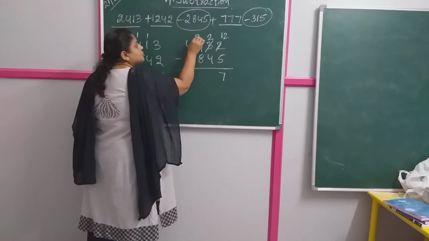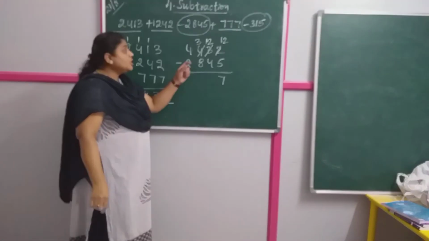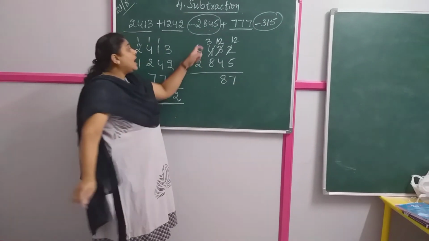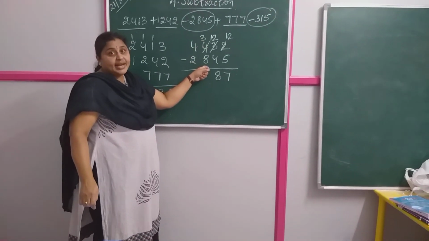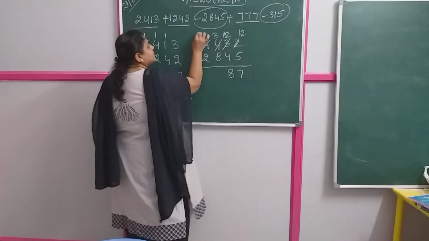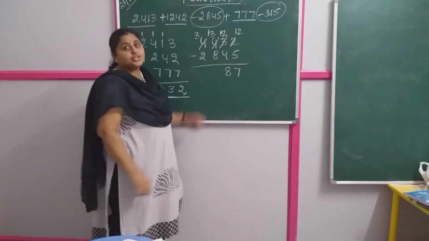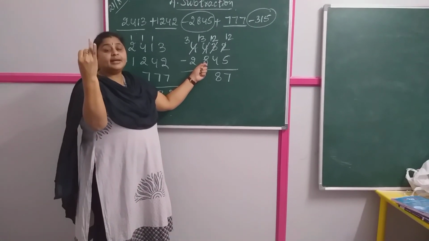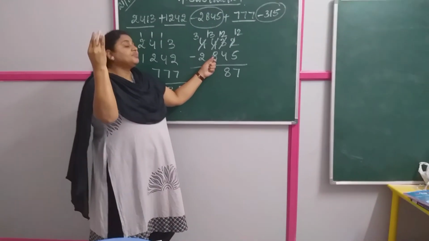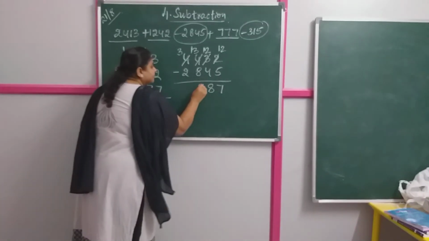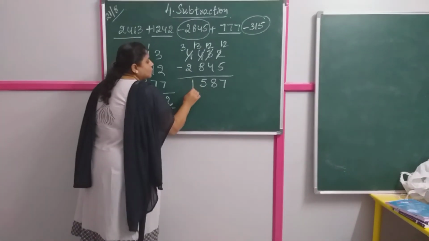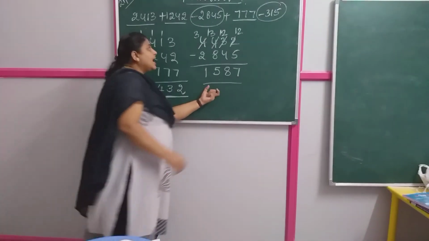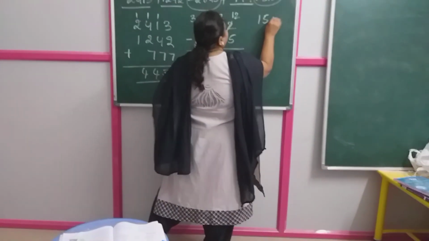So 4 changes to 3 and this changes to 12. 12 minus 4, 8. Again from 3 can I take away 8? No. So 4 changes to 3 and 3 changes to 13. Come on, start counting after 8. 9, 10, 11, 12, 13. How many did we get? 5. And 3 minus 2, 1.